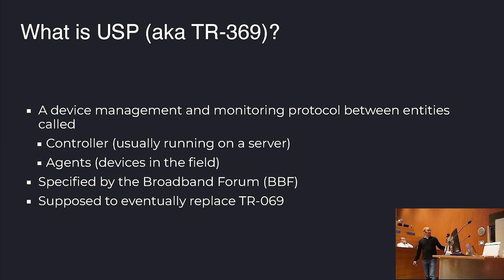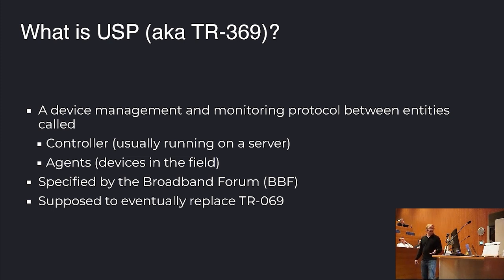It's specified by the Broadband Forum, so it's a regular standard that you can also download directly from the Broadband Forum and look into. You can also become a member of the Broadband Forum and basically help shape the standards and help them evolve. There are actually lots of member companies in the room. So if you're already a member company, then you can just go to the meetings, join the discussion and help shape it.